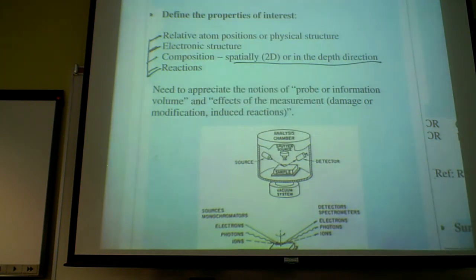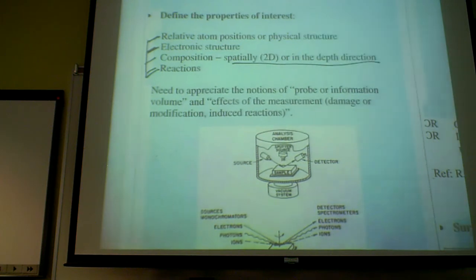Okay, so these are all the topics of interest, the features of interest, that you would have in terms of studying these nano objects. Most of it is surface related.